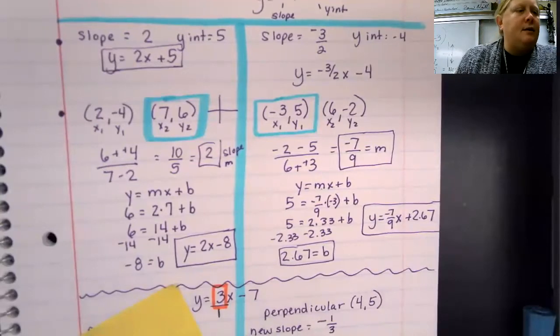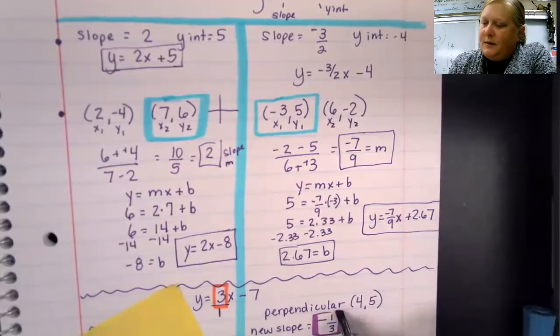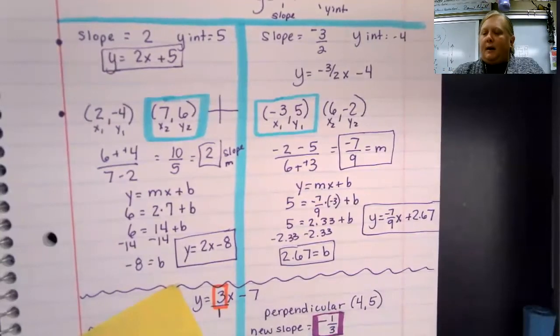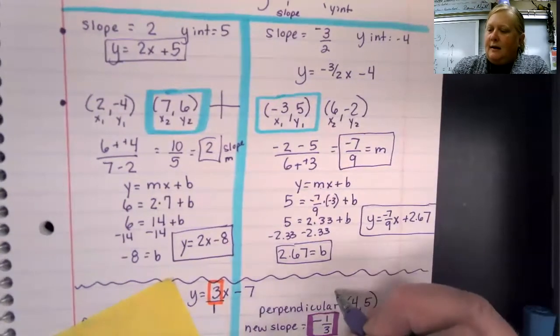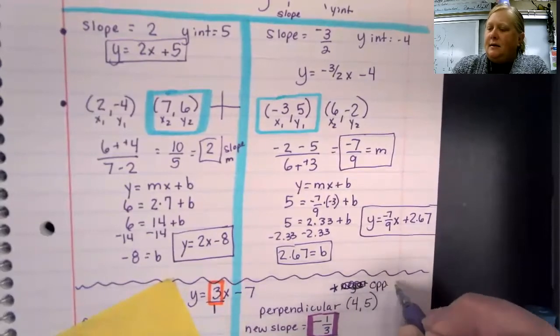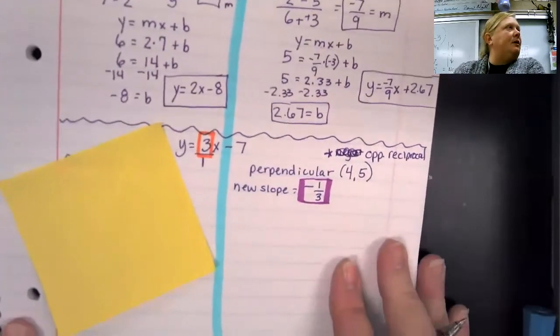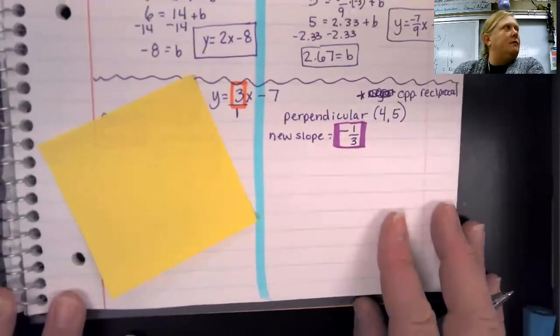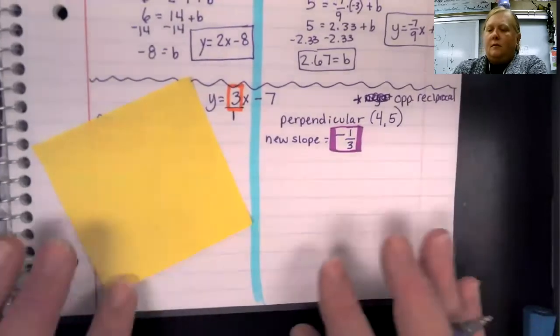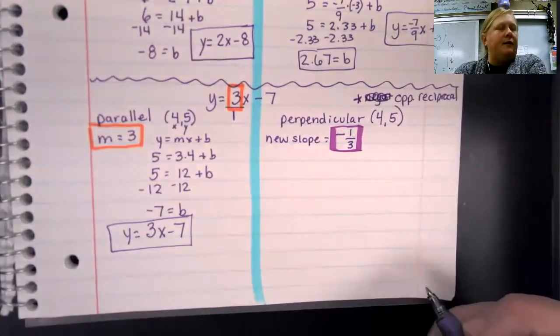And I'm not necessarily going to highlight that in the same color because it's not the same slope. So I'll kind of highlight it here. But I want you to see that this is the negative or opposite. How about I don't use the word negative? Opposite reciprocal. Okay? Opposite reciprocal. I hope I was within the view. I'm sorry if I wasn't.